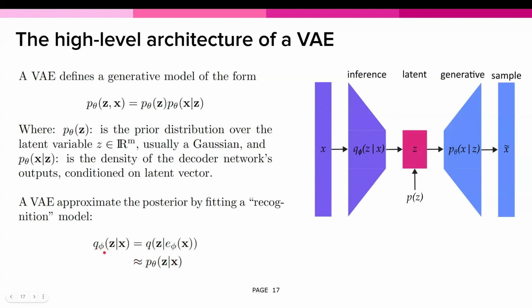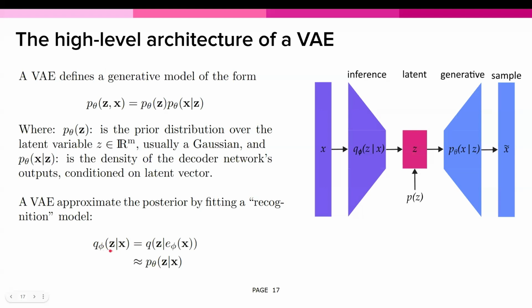To get around that problem, VAEs work off of an approximate posterior distribution, Q of z given x parameterized by phi, and this is called the recognition model. We're parameterizing this approximation by phi, which are the parameters of the encoder neural network.